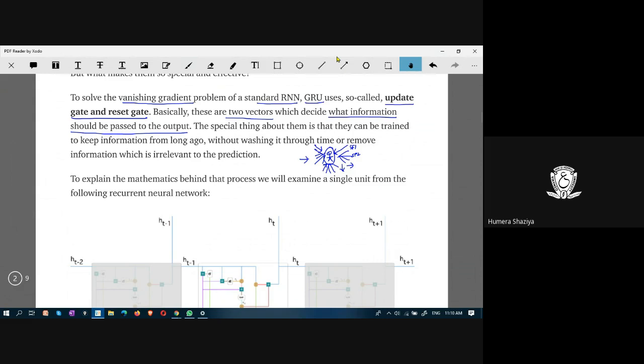Based on these many factors, you may decide whether to forward or to drop. GRU does that by using gates: update gate and reset gate.